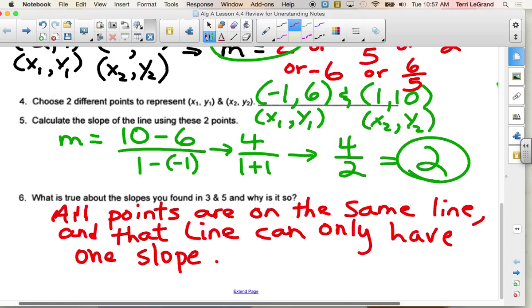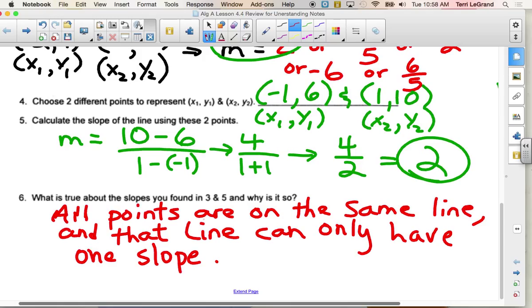A line has the same rate of change between any 2 points. Okay. So it doesn't matter which point we pick, you and I better get the same slope when we're talking about the same line, right?